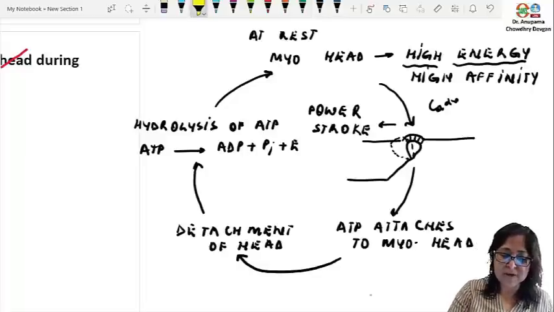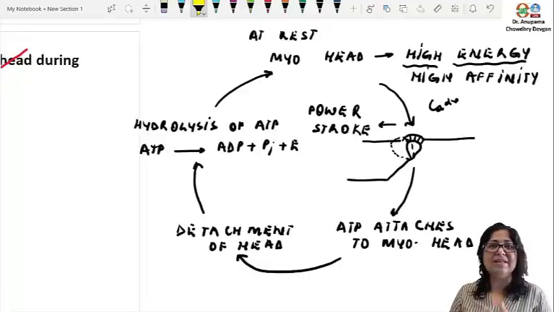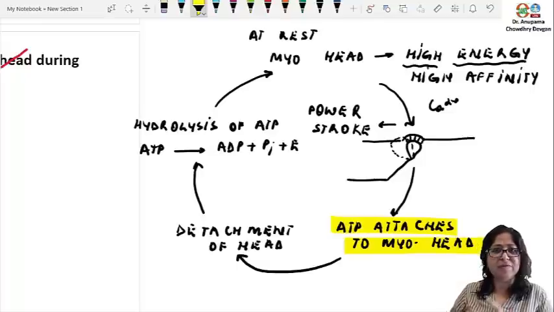And the question which has been asked in this year's INICET: what causes detachment of the head? That is the attachment of ATP. Attachment of ATP causes a conformational change and a detachment of the head. No energy is being utilized for detachment. And please also remember that detachment of the head does not mean relaxation.